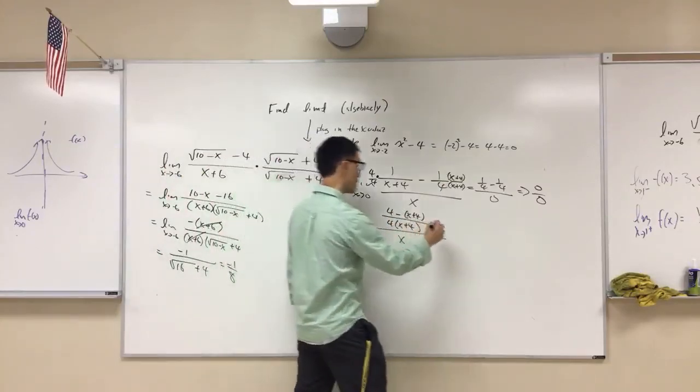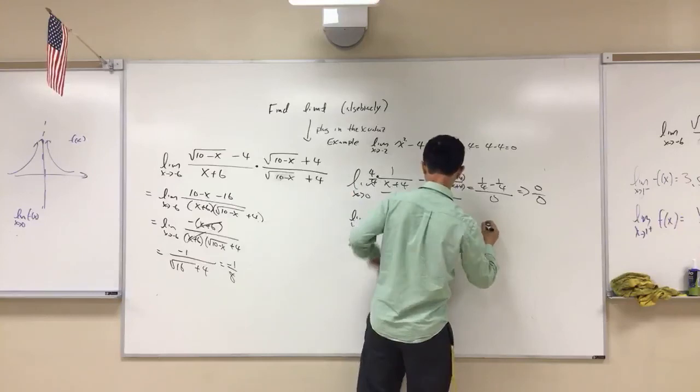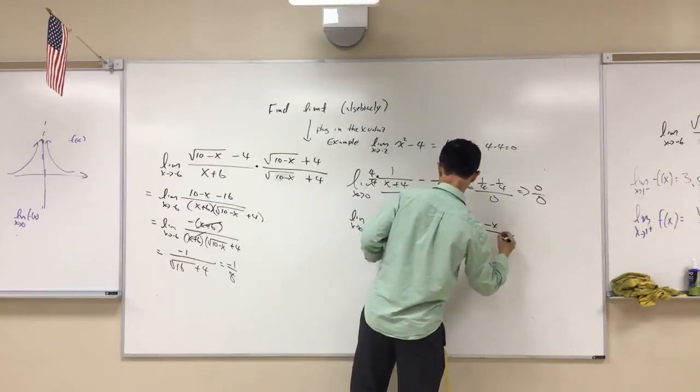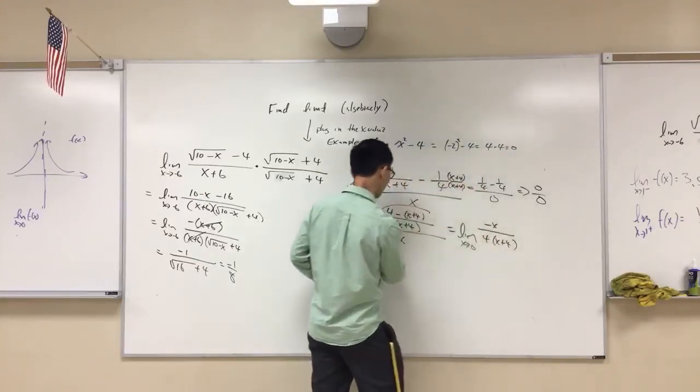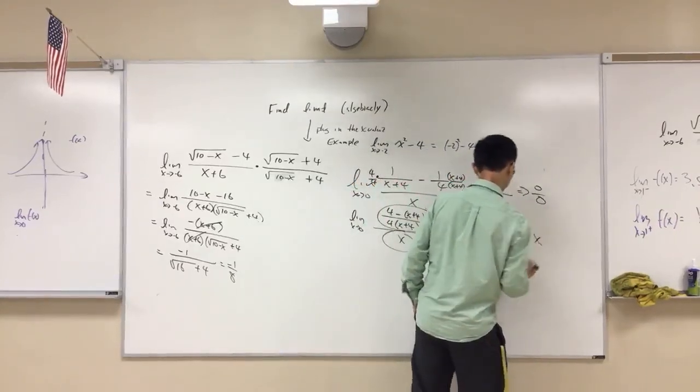I'm going to simplify this, so it's going to be limit as x approaches 0. 4 minus 4 is going to go away, so that's going to give you a negative x over 4 times x plus 4. Now this is divided by x.